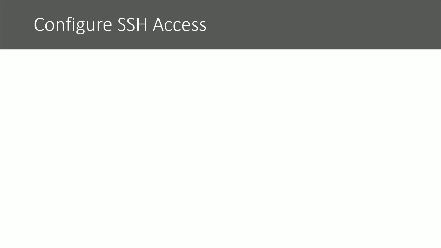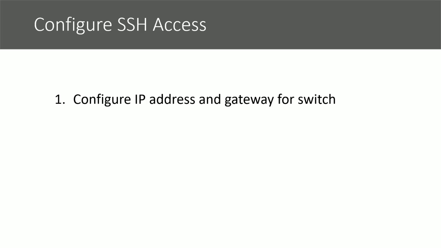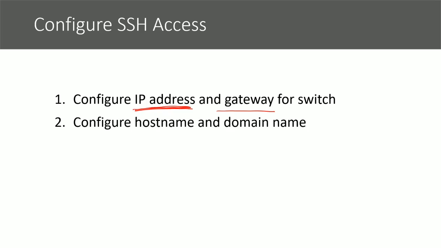To configure SSH access, we need to follow these steps. First, we should configure an IP address and gateway for the switch. The IP address is needed to connect to the switch by Telnet or SSH, and the gateway is needed if you want to connect to the switch from a different subnet or network. In the second step, we should configure a host name and domain name, and these parameters are needed to identify the switch when generating the SSH key, as we will discuss later in this video.